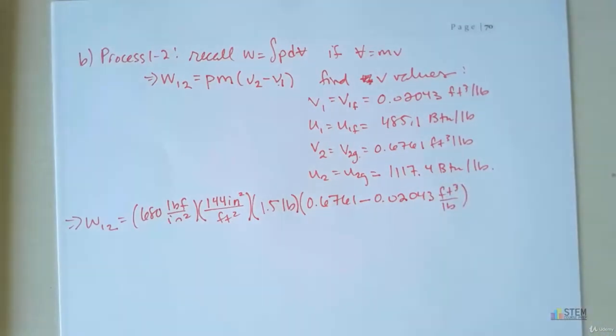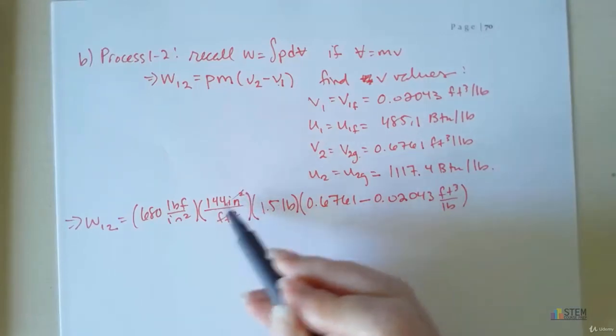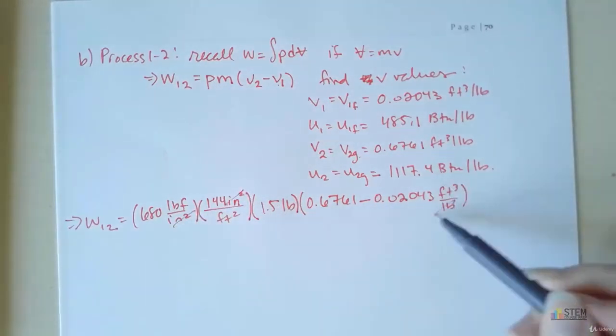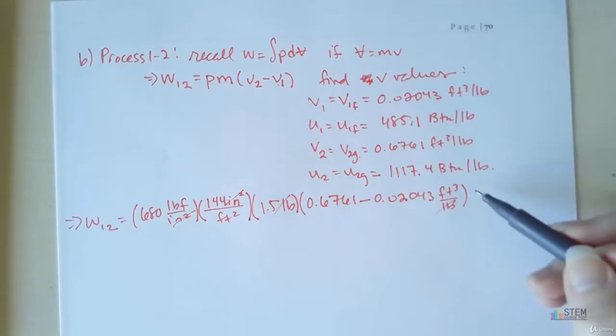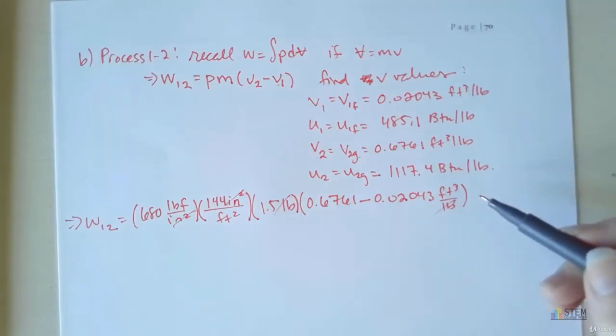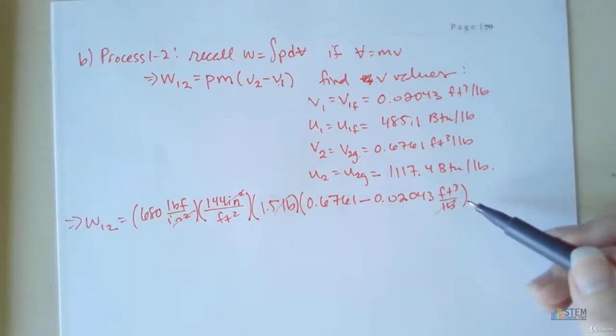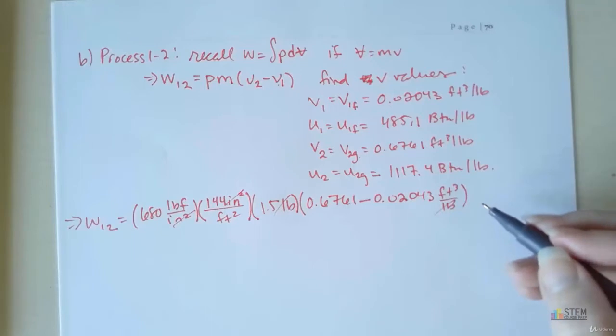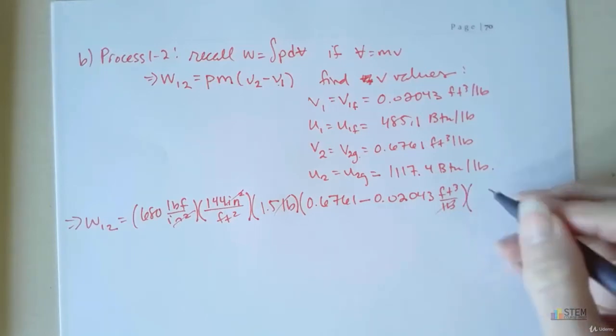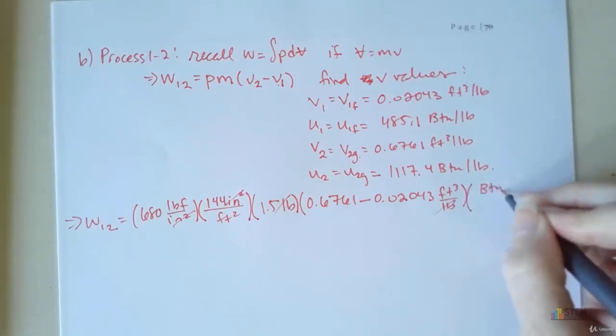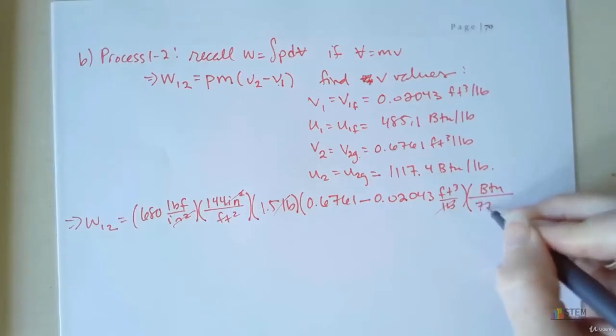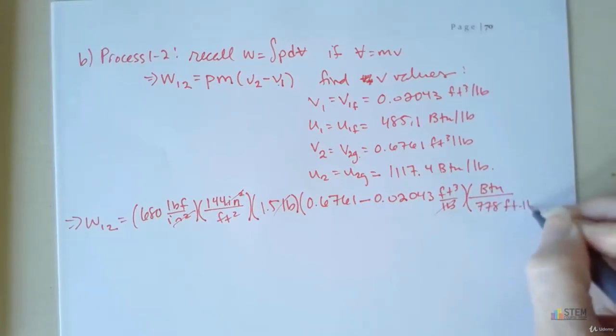Now let's look at all of our units. Inches goes away, pounds goes away, and we need this to be in BTU. All right, so for BTU, what we need to do is convert. We're going to have BTU per 778 foot-pound force.